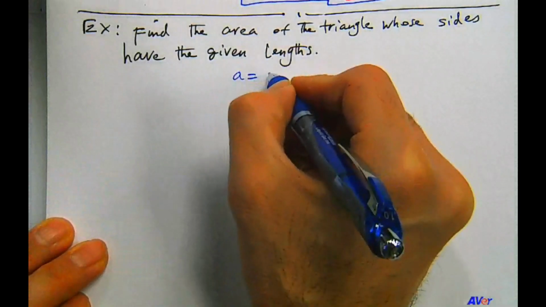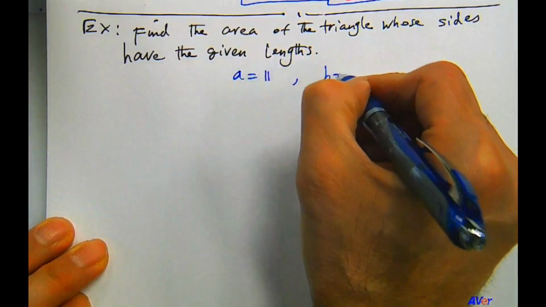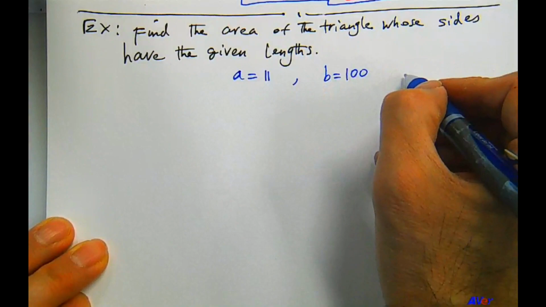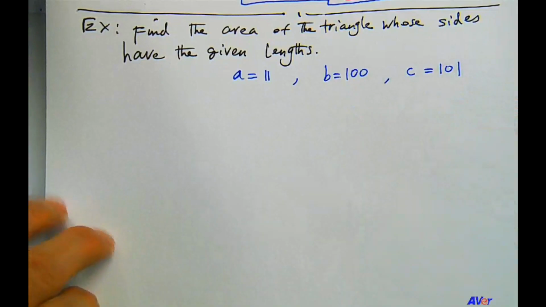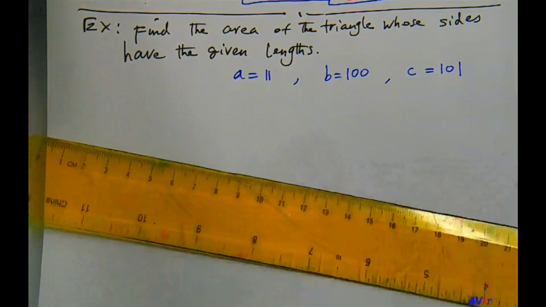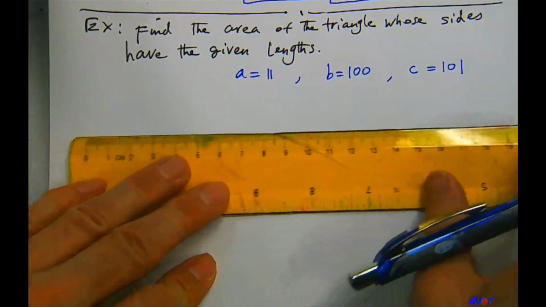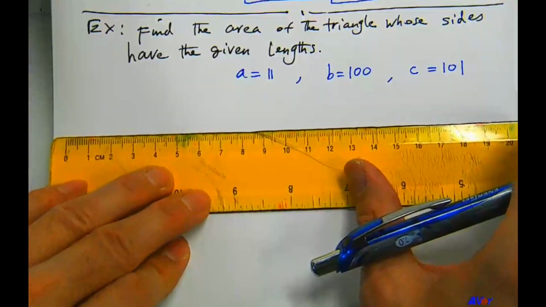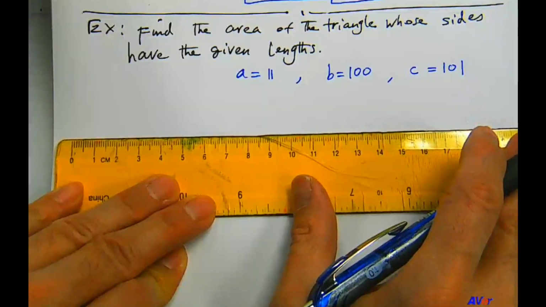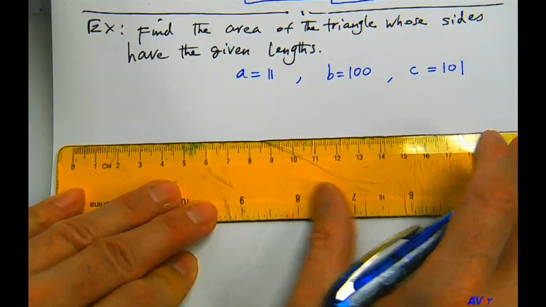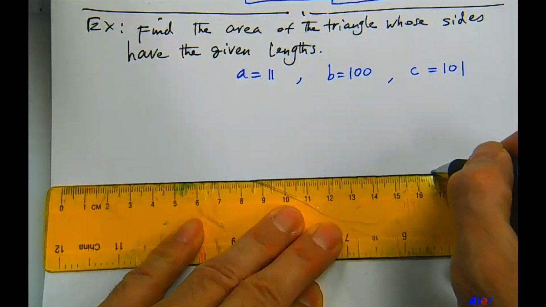So A, we are told, is equal to 11. B, we are told, is equal to 100. And C is equal to 101. I guess I can draw, the actual problem didn't provide a graph, but maybe I can draw a graph here, a quick one. So it probably won't be to a scale, but I'll try to make it to a scale. So let's say the triangle looks something like this. So we have this.